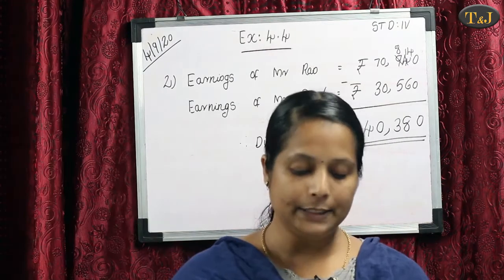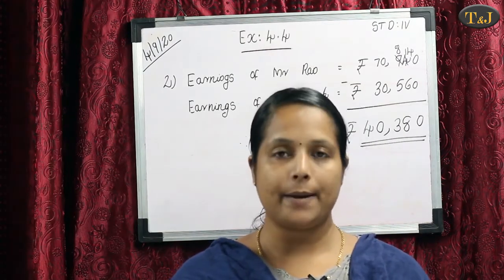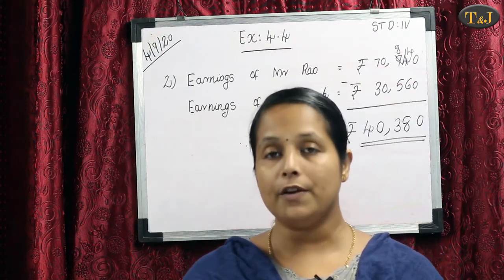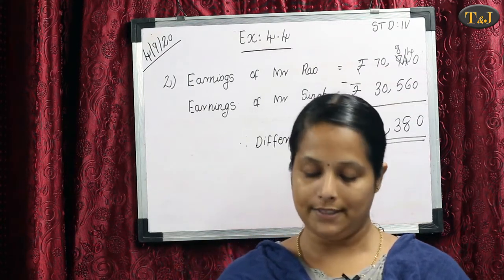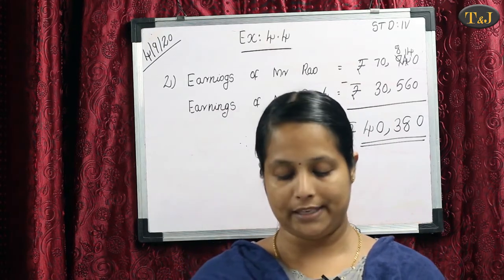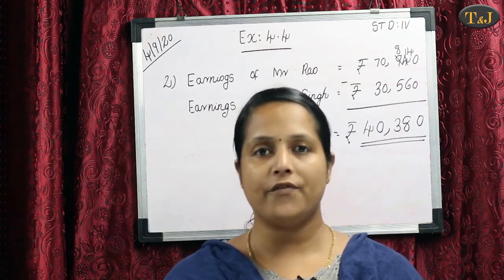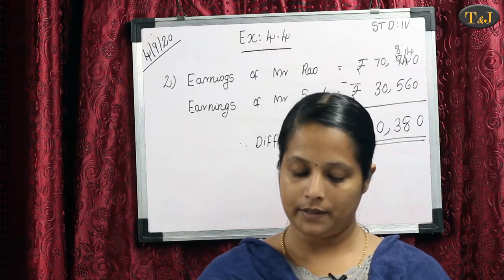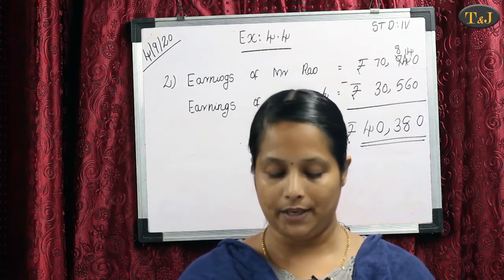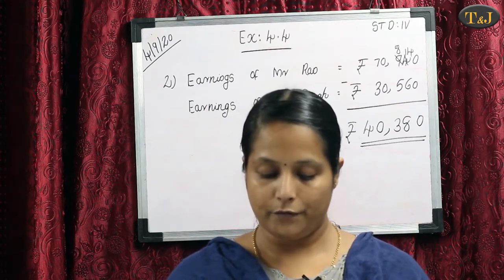Then third problem: a man bought a computer for rupees 50,600 and a TV for rupees 31,200. By how much was the computer more expensive? First we identify which is the bigger number. Here the order is correct because our bigger number is 50 something, and that number is in the first position.